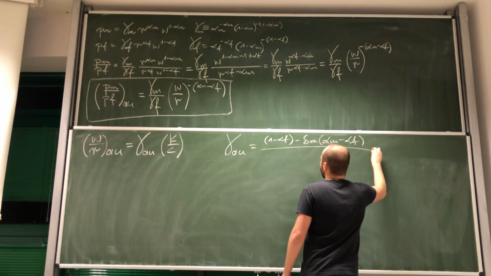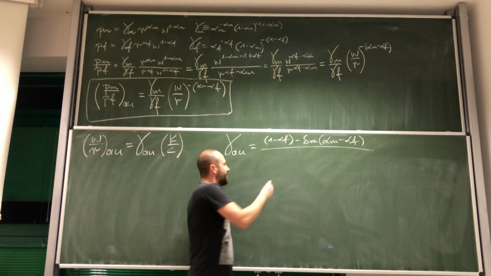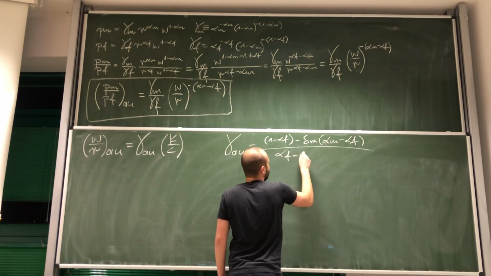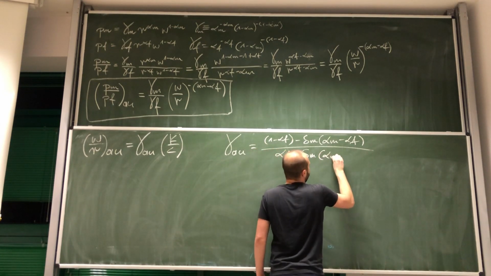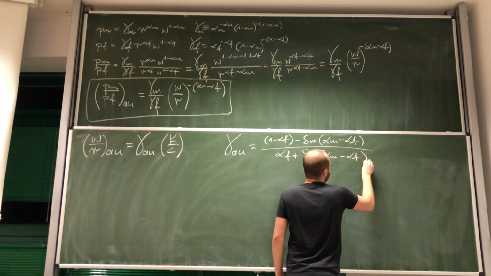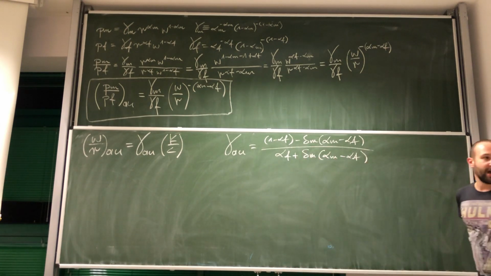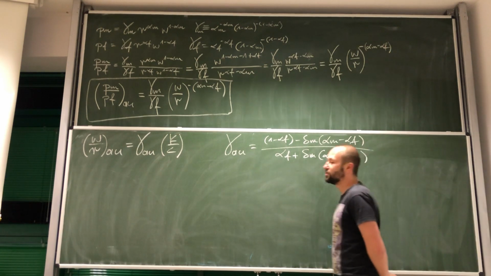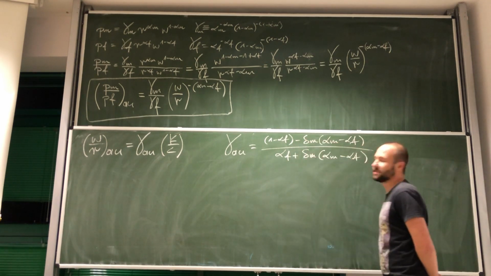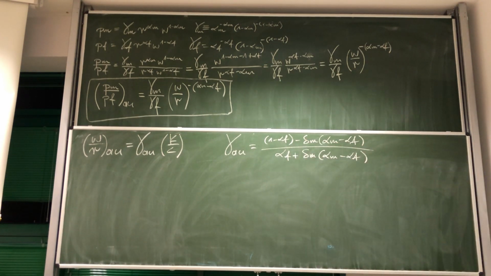Okay, and this is divided by alpha f plus delta m times alpha m minus alpha f. Okay, I'm going to provide a detailed derivation in the next video because this is very time consuming.